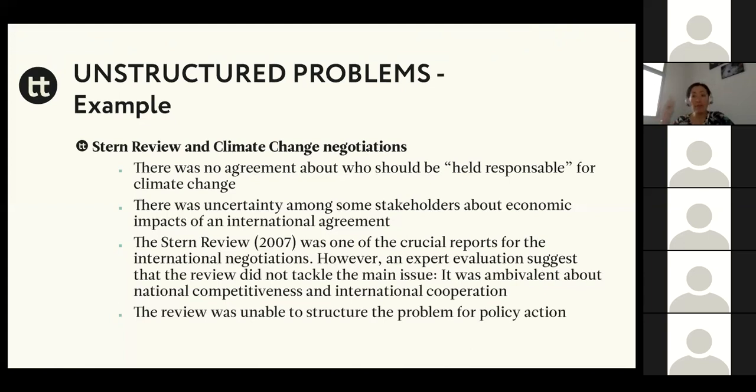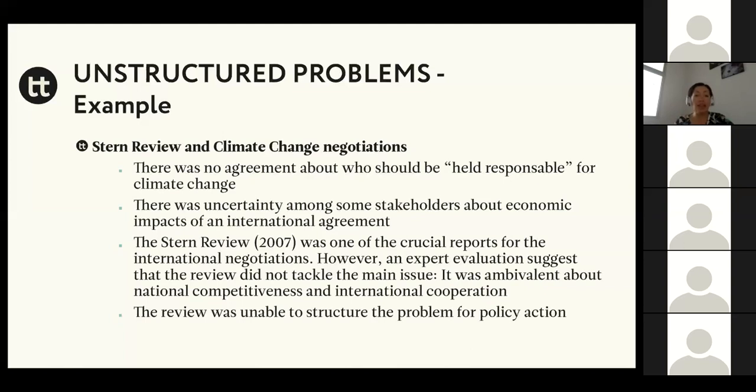Now, looking back at what happened with that report, some of the researchers have mentioned that the Stern report was ambivalent about what was relevant, what should be done at the national level and what should be done at the international level.